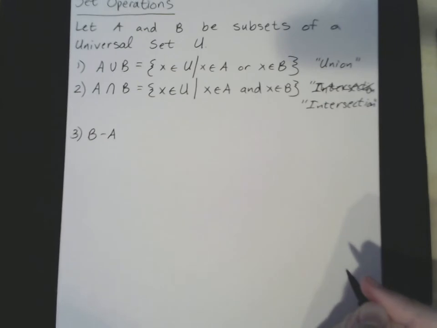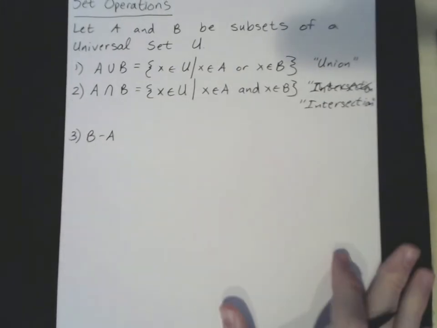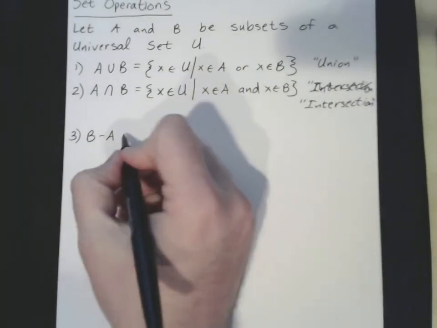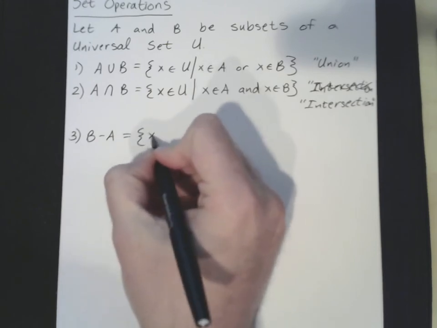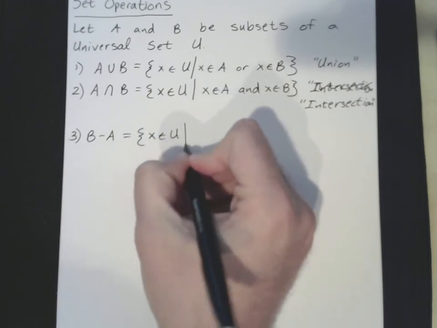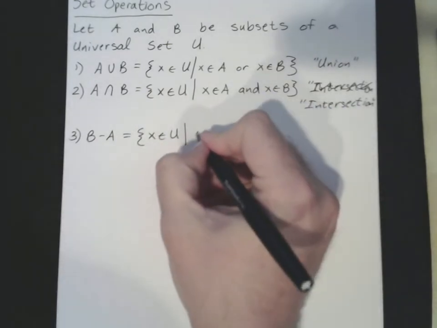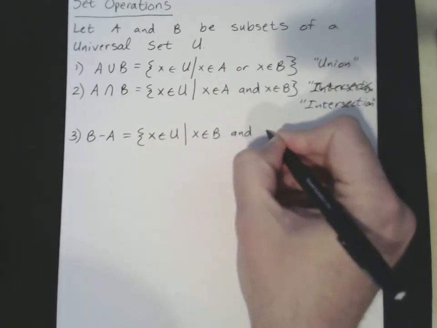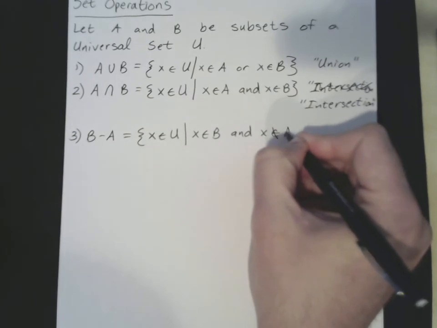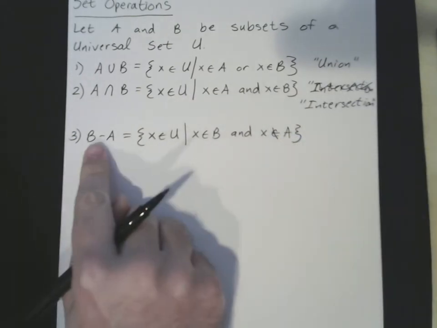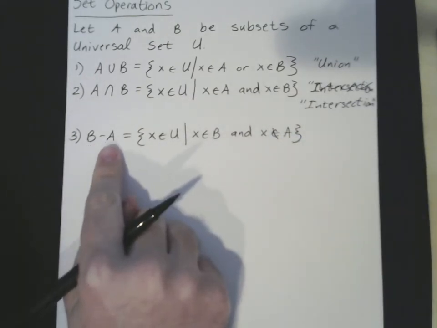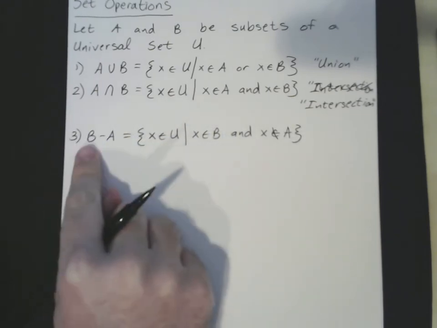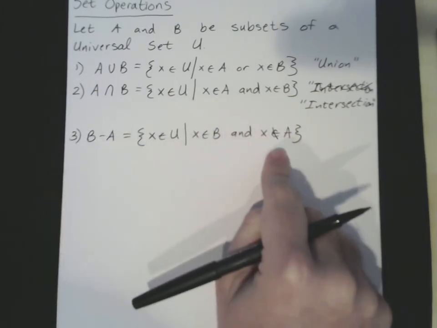Set difference, B minus A. This is a set of x that are in U, such that x is in B and x is not in A. So the difference of sets are the things that are in the first set that are not in the other set.